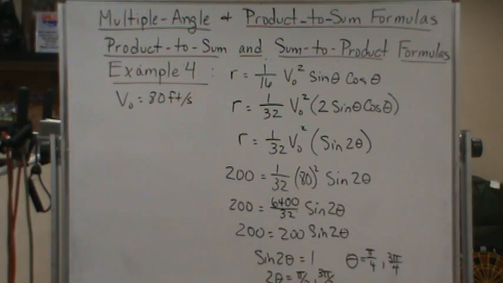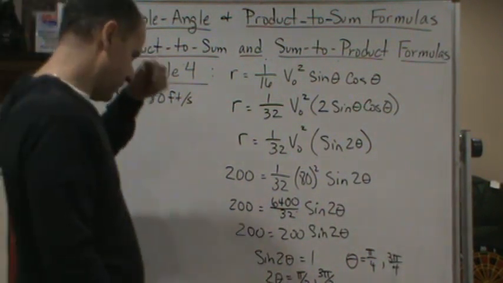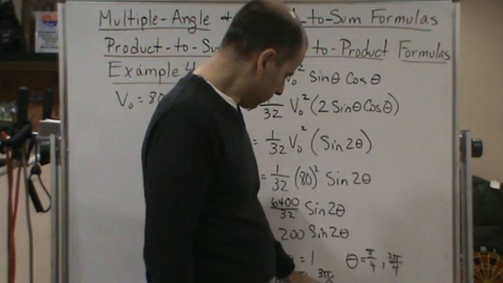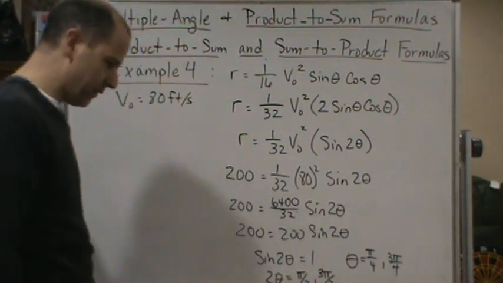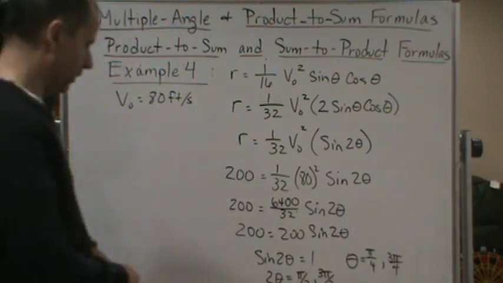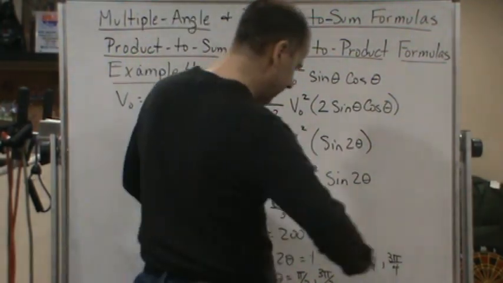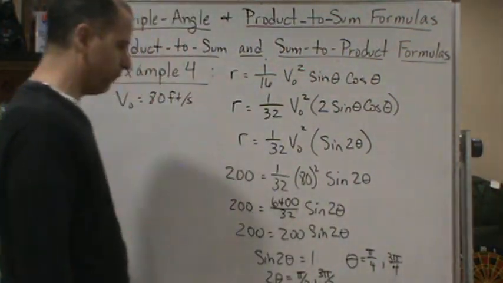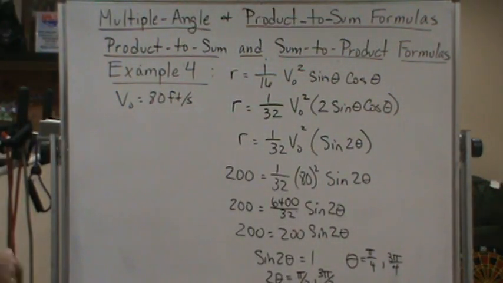Now, here's the thing. Only one of these answers makes sense, because 3 pi over 4 is 135 degrees, and that would be going the wrong direction.